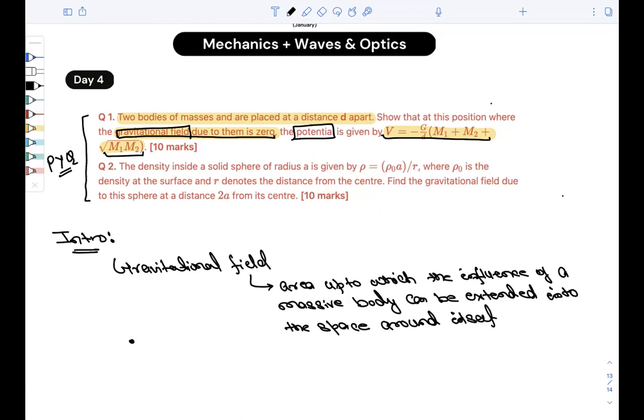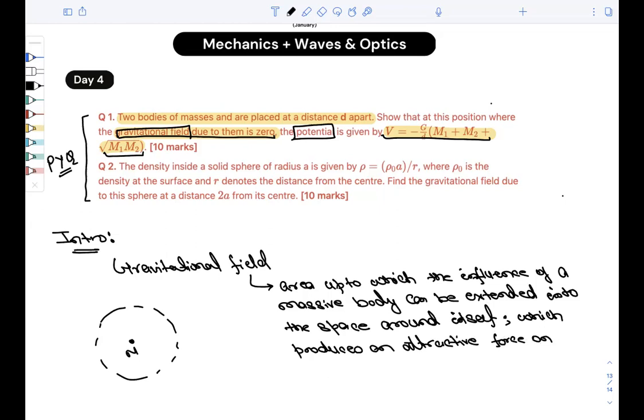So if this is the mass, what is the area of influence around itself? That is basically its gravitational field. We are talking about the qualitative aspect as of now, which produces an attractive force on another massive particle.